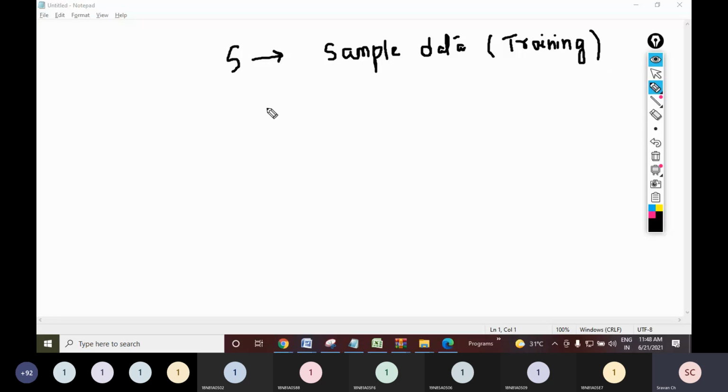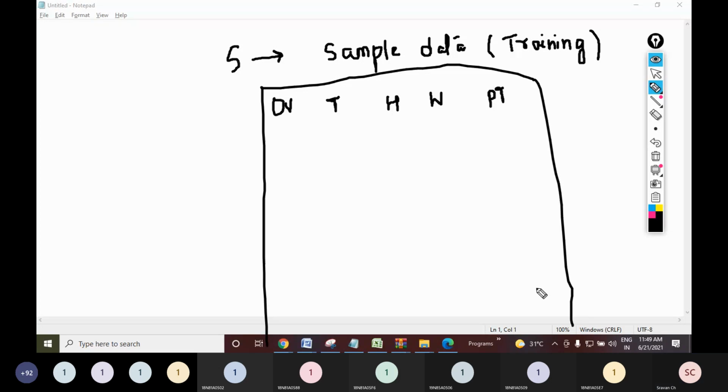Do you remember this particular data set? It was like this: overcast, temperature, humidity, wind, then finally play tennis. In the decision tree algorithm, if you recollect, this was the data set we used.